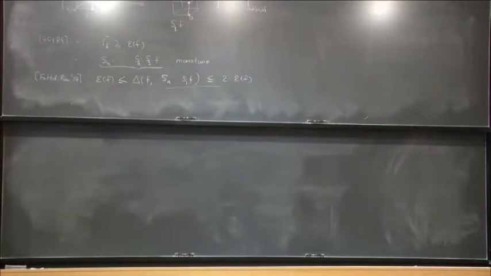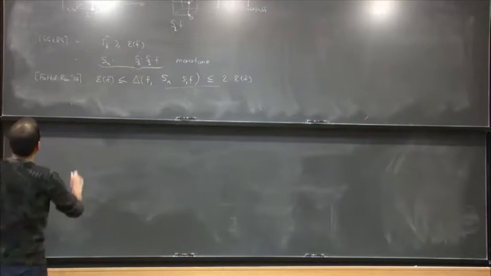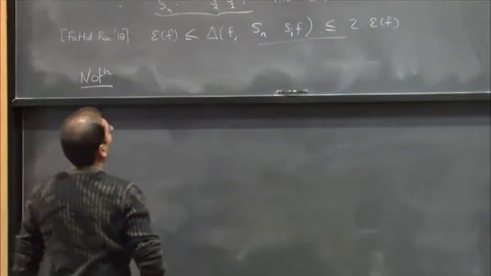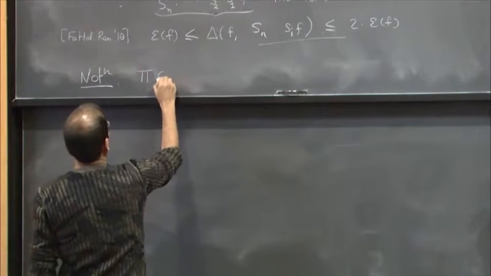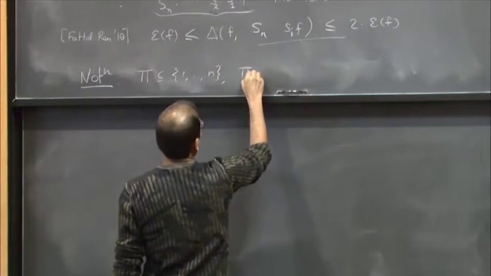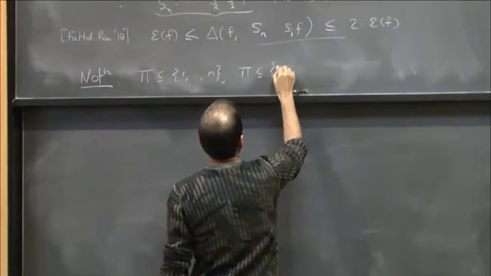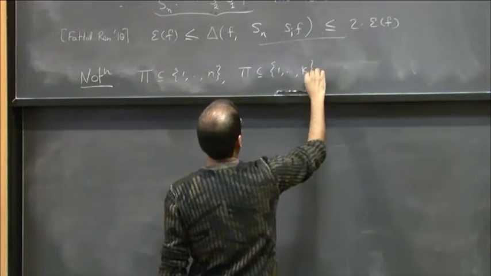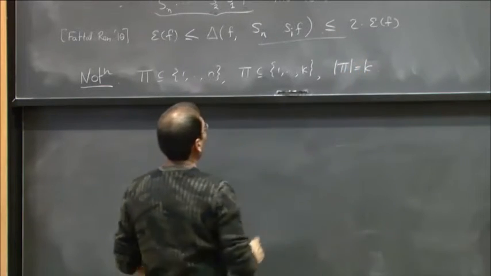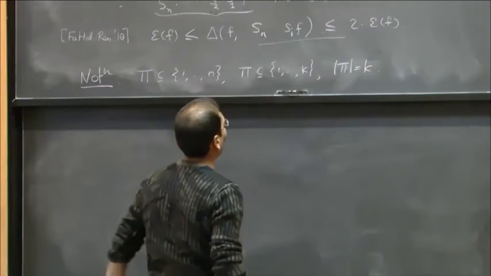So that's the switch operator. And now let's introduce a notation. Suppose pi is a subset of coordinates 1 through n, and it's best to think of this as simply a prefix of coordinates up to k. So if it's a set of size k, it's thought of as coordinates 1 through k.